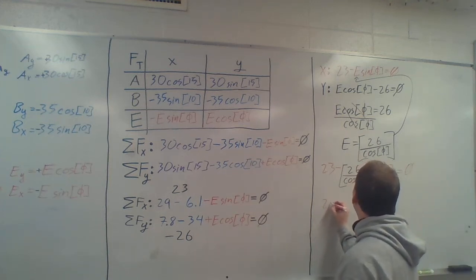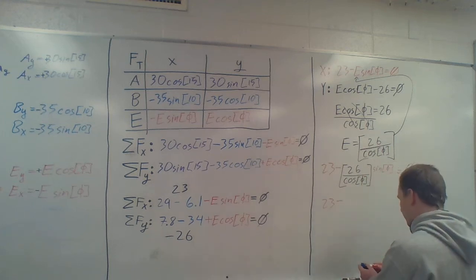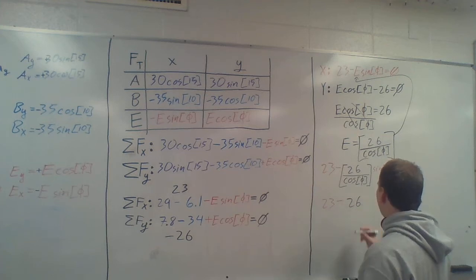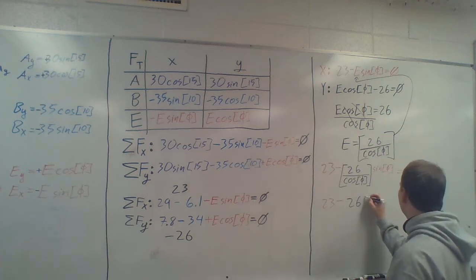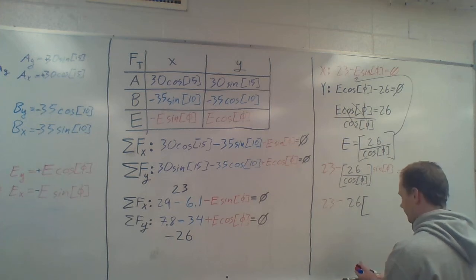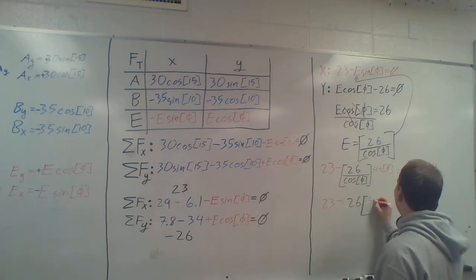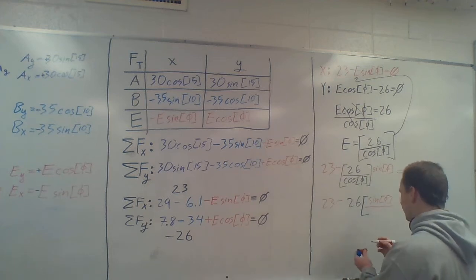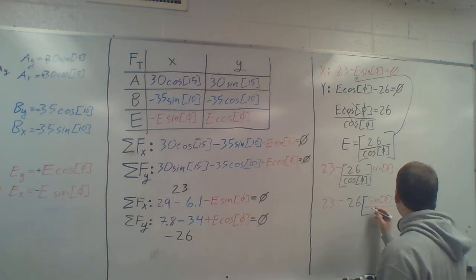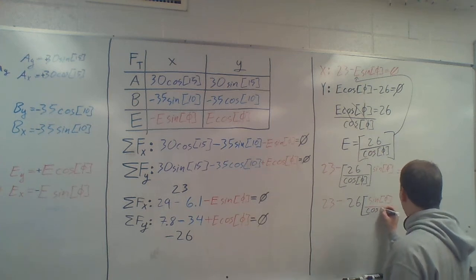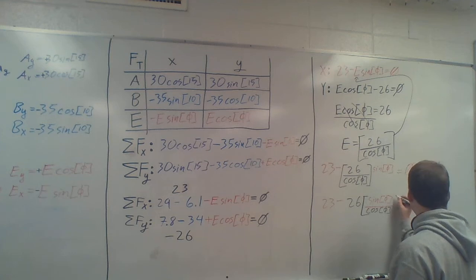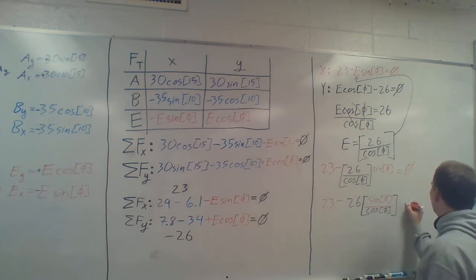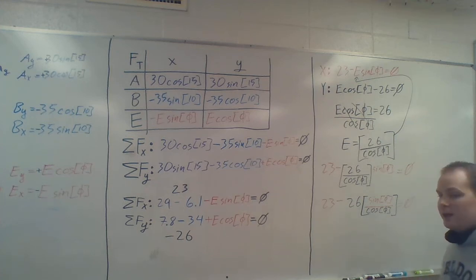So now it's 23 minus 26 times the sine of phi over the cosine of phi is equal to 0. Now here's what this lets us do.